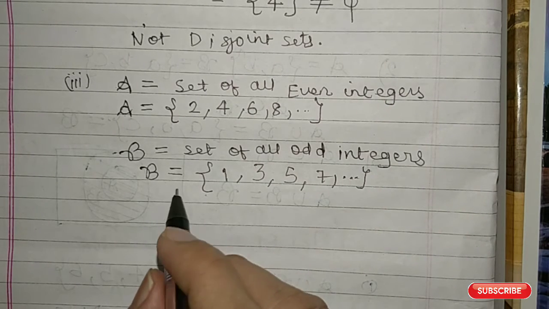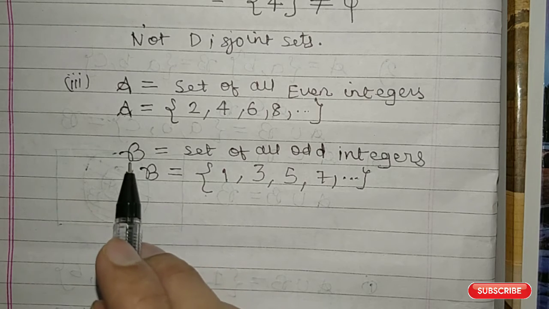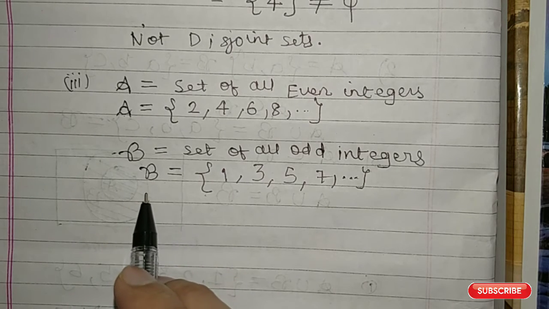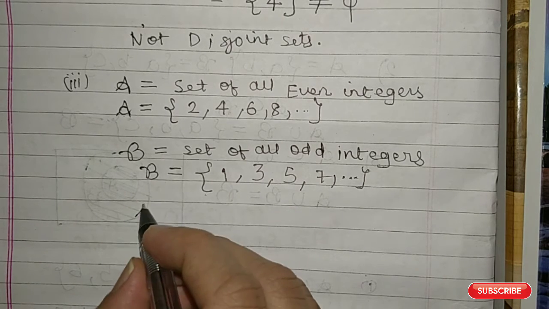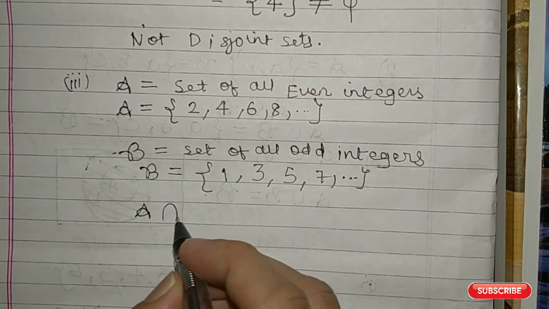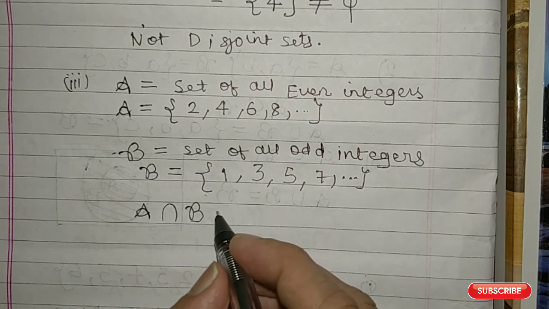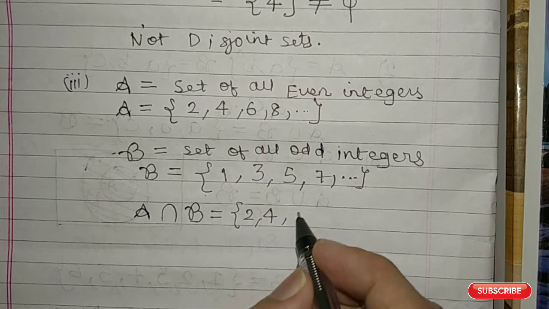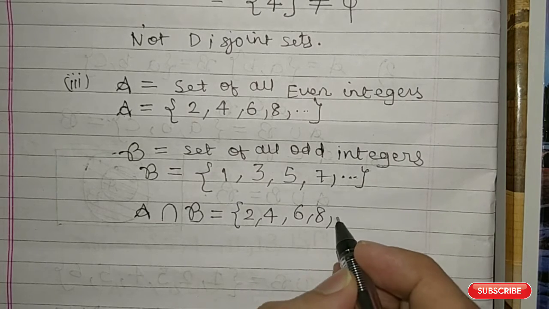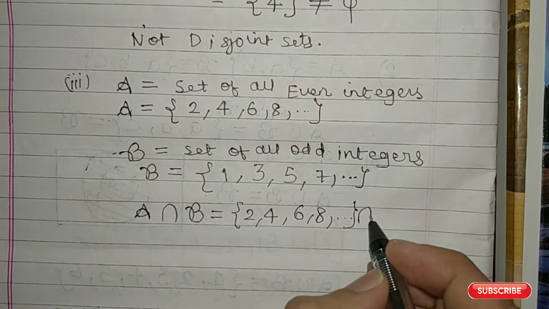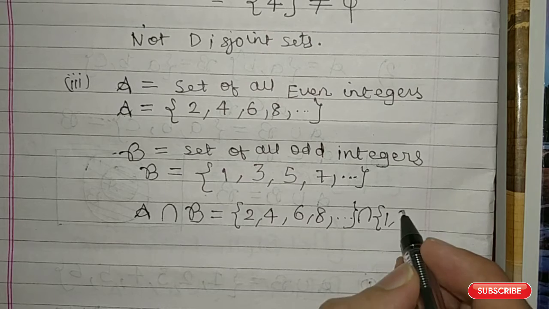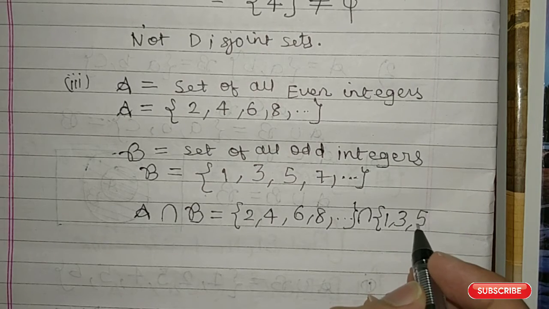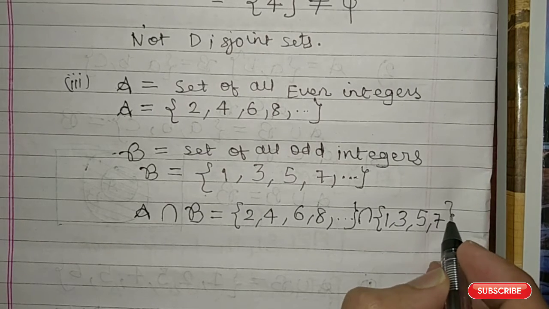Now you have to tell whether the sets A and B are disjoint sets. That is, you have to check the intersection of A and B. So A intersection B, let us see what it is. 2, 4, 6, 8 intersection with 1, 3, 5, 7.